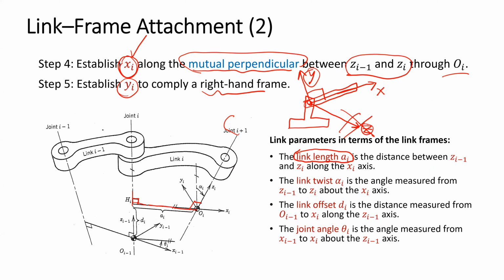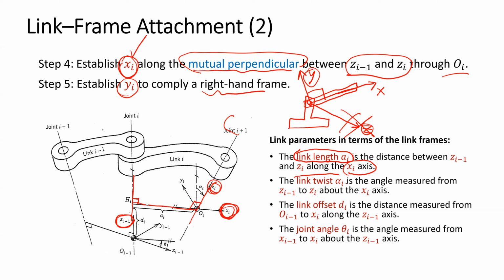So it's the distance between the zi minus 1 axis and the zi axis along the xi axis. The link length is measured along the xi axis and is the distance between Ci minus 1 and Ci. If we attach the frame first and we need to derive the link length, we can do it in this way.